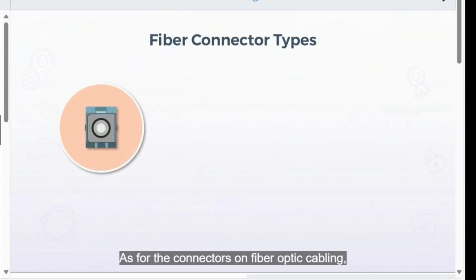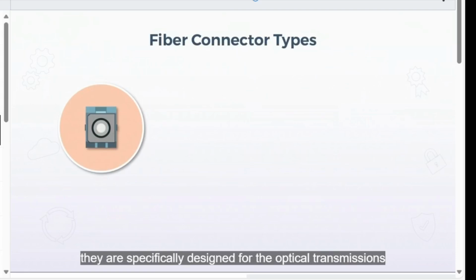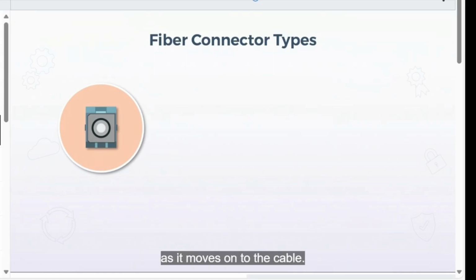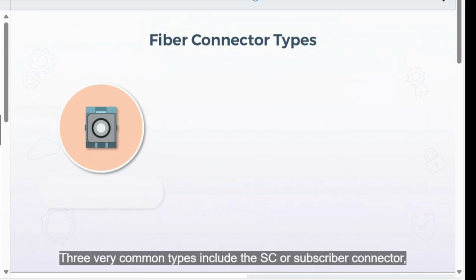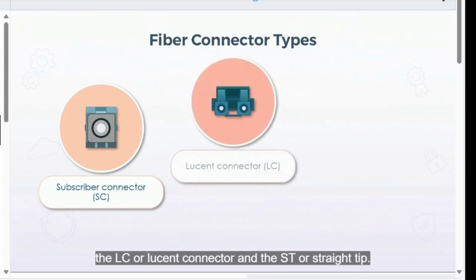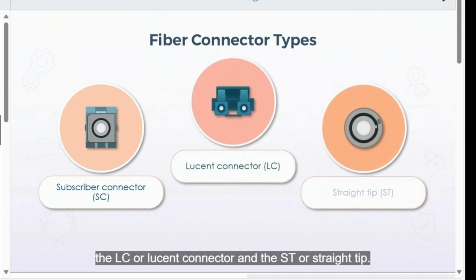As for the connectors on fiber optic cabling, they are specifically designed for the optical transmissions and generally determine the behavior of the light pulses from the source as it moves onto the cable. 3 very common types include the SC or subscriber connector, which is also commonly referred to as the square connector due to its shape, the LC or lucent connector, and the ST or straight tip.